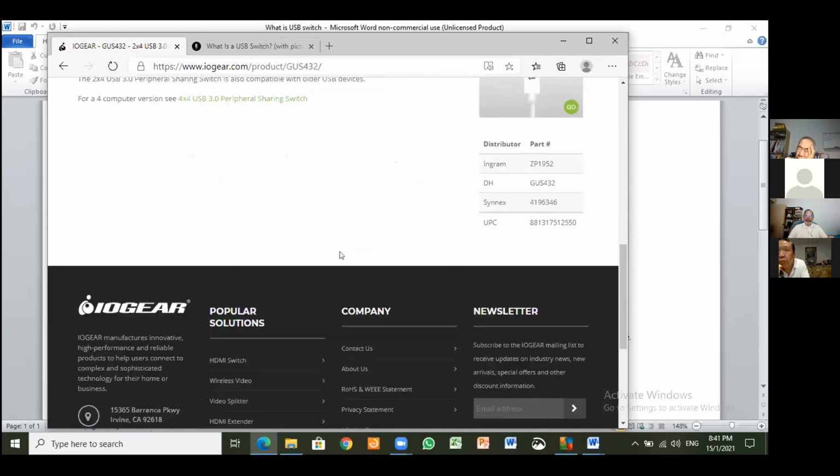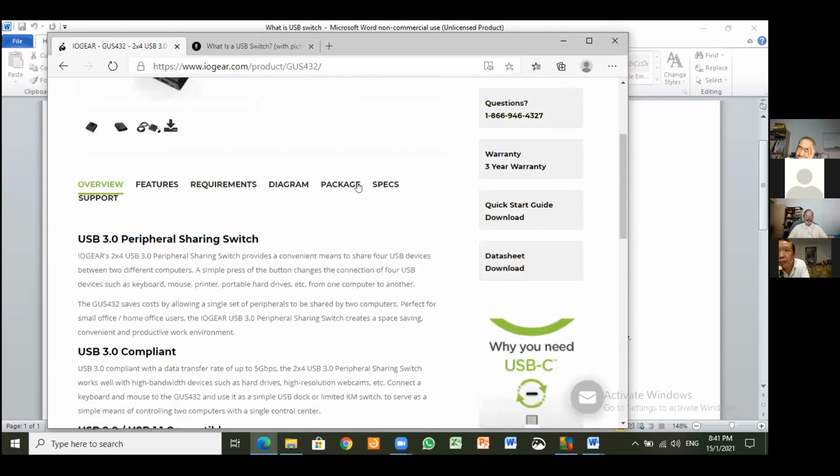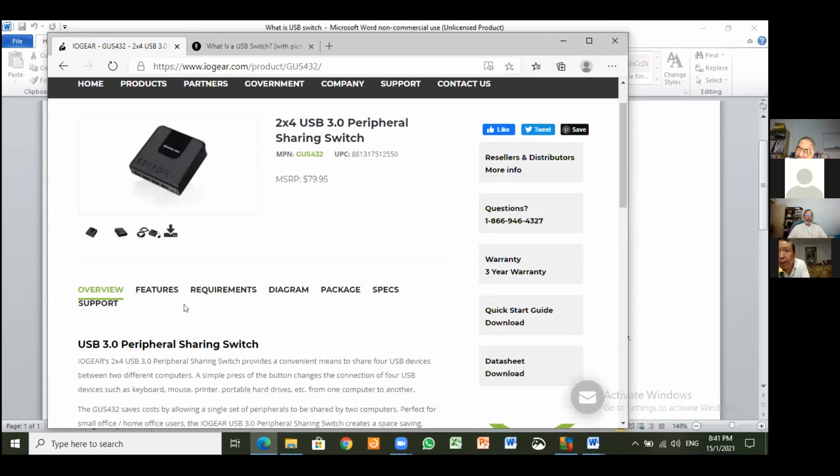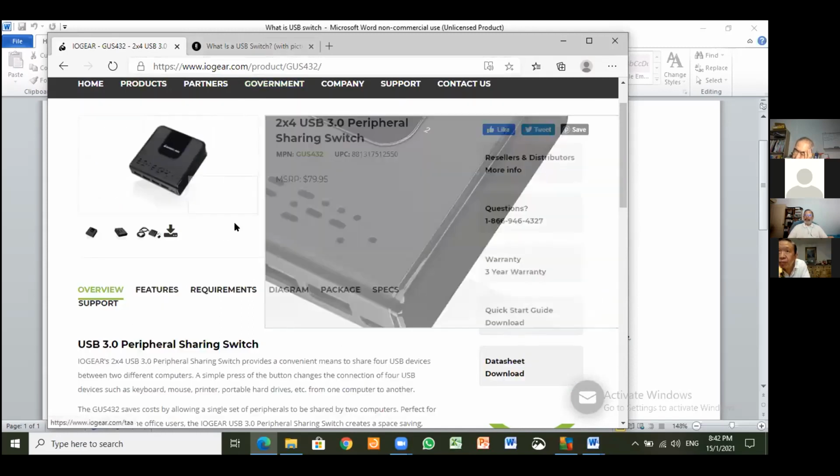Oh, $79, around $80, but the one I bought from China was only $25. So you can get the made-in-China type, and it still works.